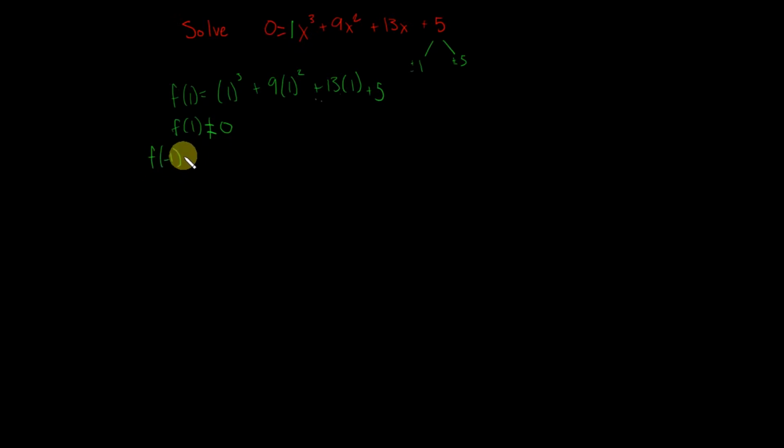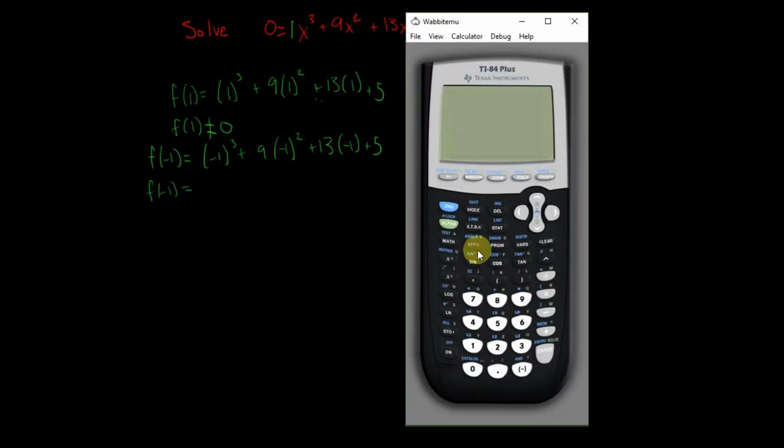That's our next one. It equals negative 1 cubed. F of negative 1 is equal to, and I'm going to type this into my calculator because I'm lazy.